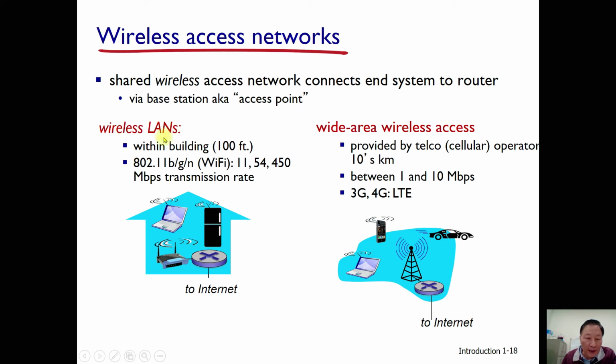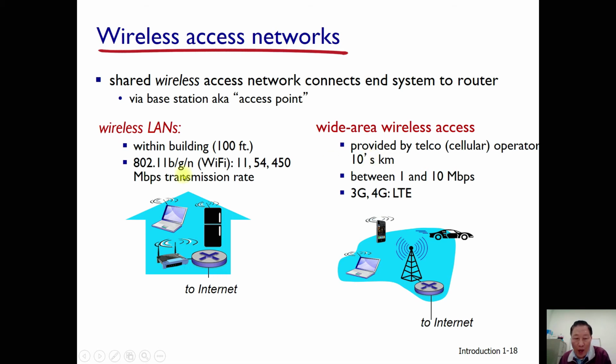And wireless LANs within a building, this is around 30 meters, and for Wi-Fi there may be different versions, 802.11 a, b, g, and so on, and depending upon the version, the speed is a little bit different, like this.